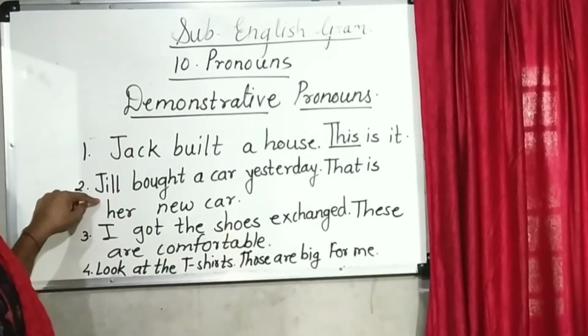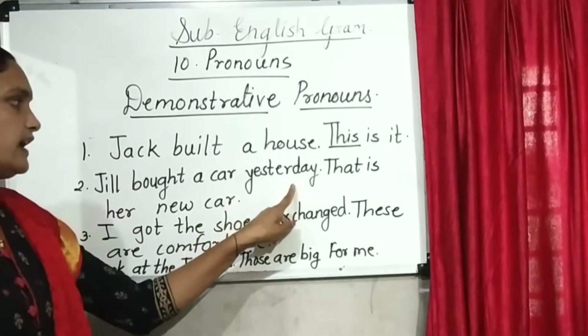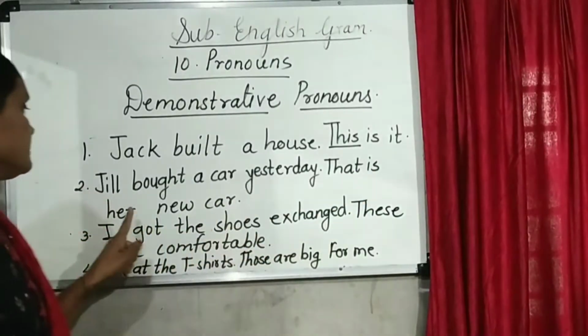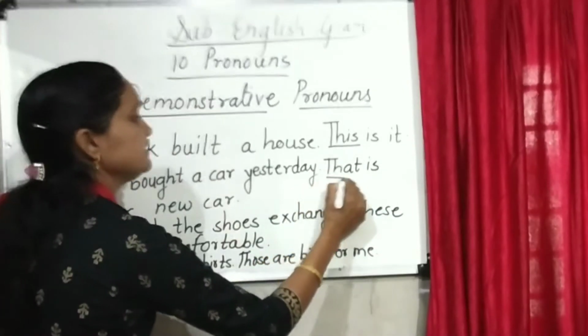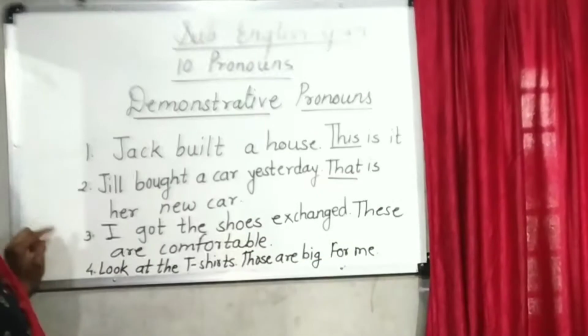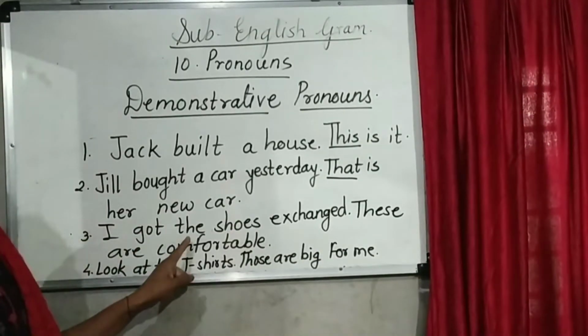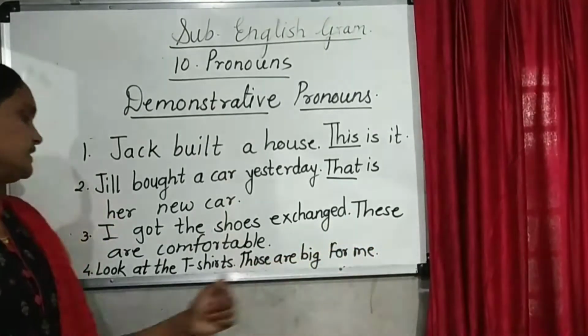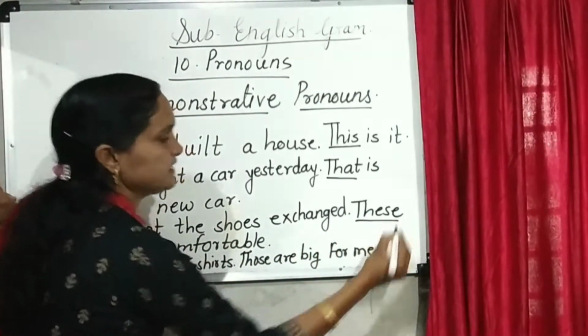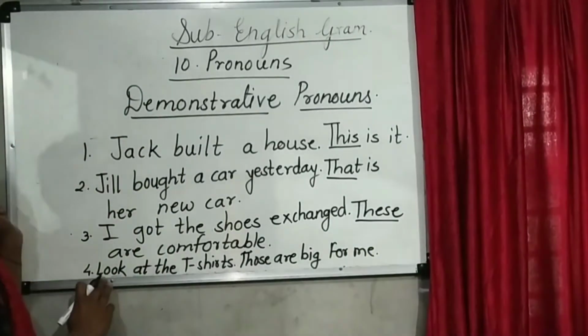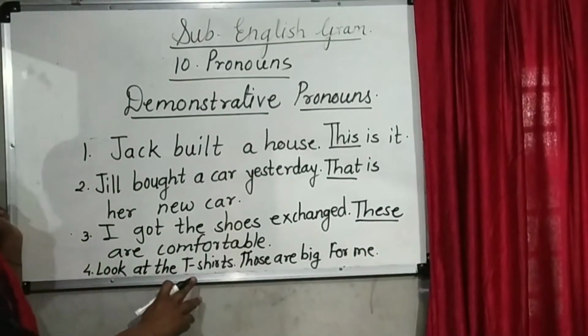Second number, Jill bought a car yesterday. That is her new car. I'm going to underline that. Okay. Third, I got the shoes exchanged. These are comfortable. I'm going to underline these. Fourth number, look at the t-shirts.